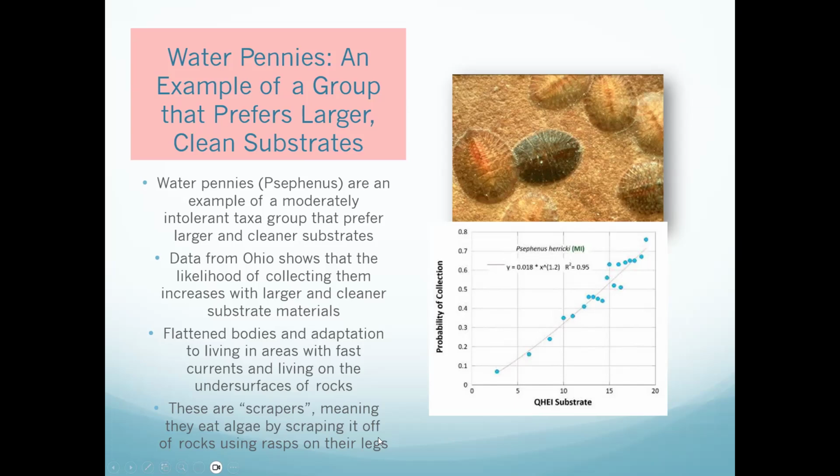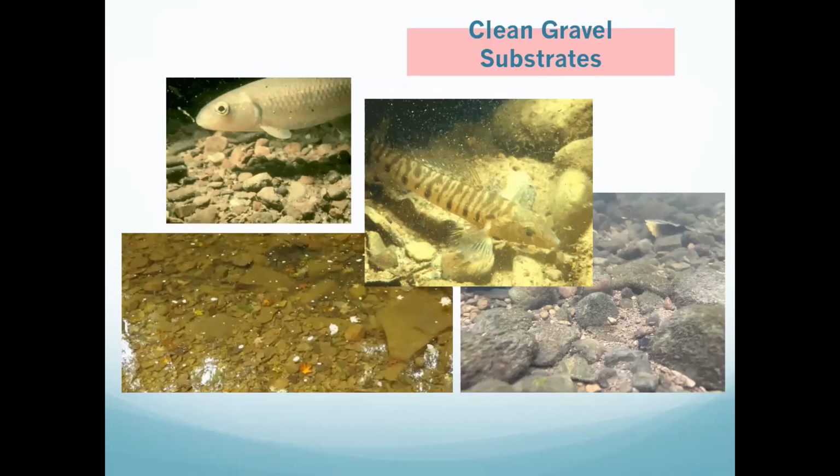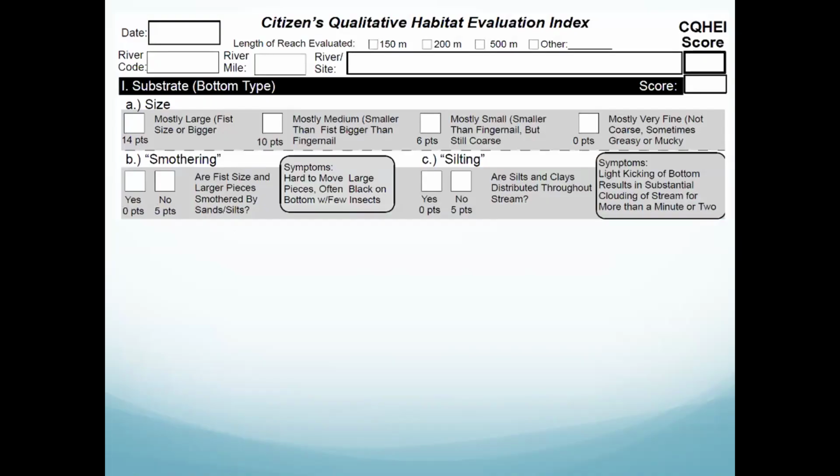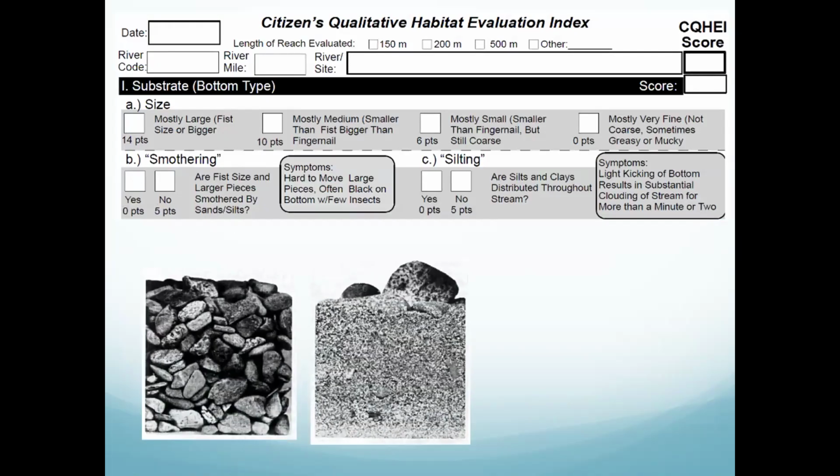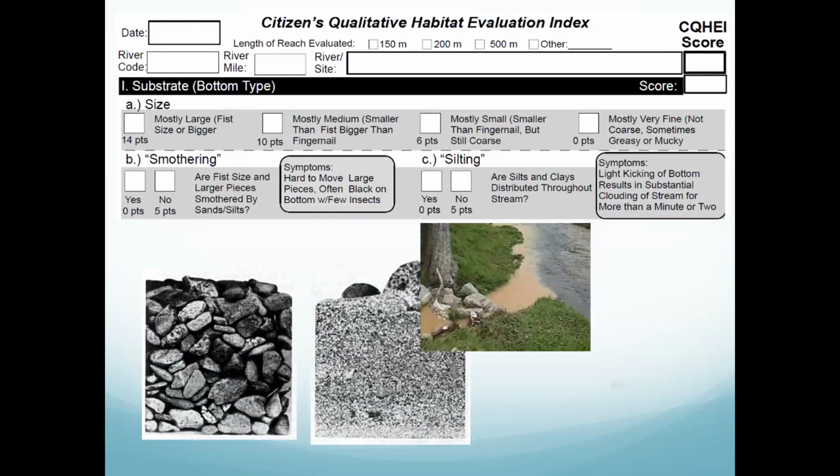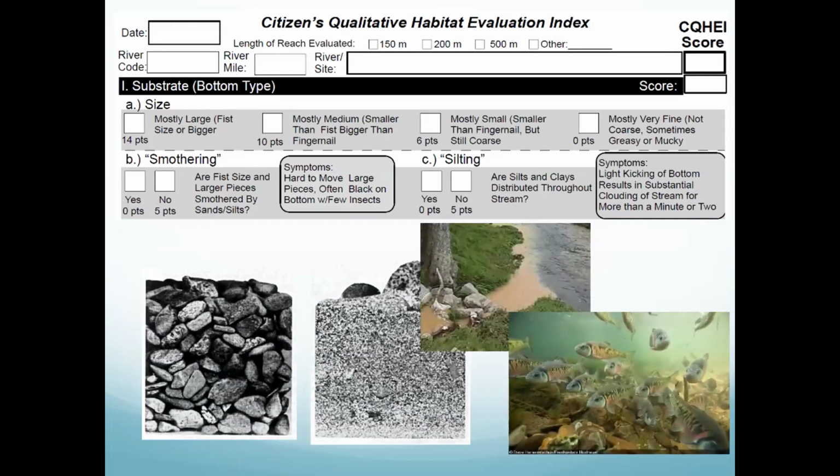So these are a good quality indicator, not only for water quality, but habitat as well. All right, so these all like accessible substrates. Some of the organisms, like the water penny, are scrapers, and these flip rocks. So substrates are really important to them. Oh, okay.